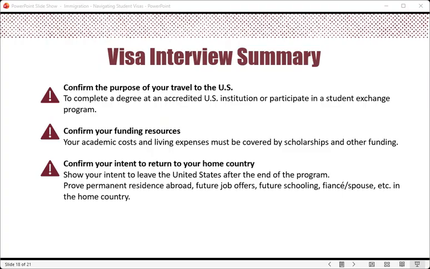And last, you need to confirm your intent to eventually return to your home country. So prove that you have a permanent home abroad, that all of your family, maybe a fiance or spouse, your friends are overseas, maybe your future job offers or future schooling is in your home country.